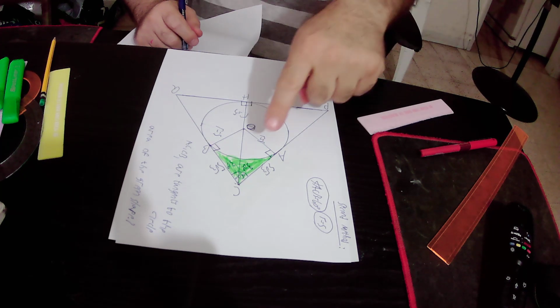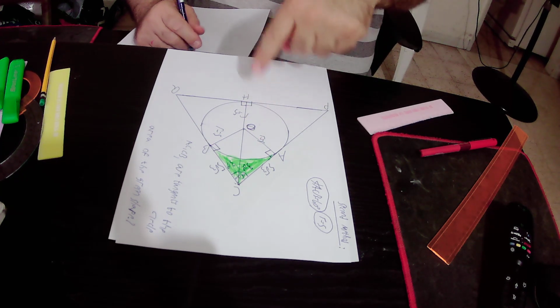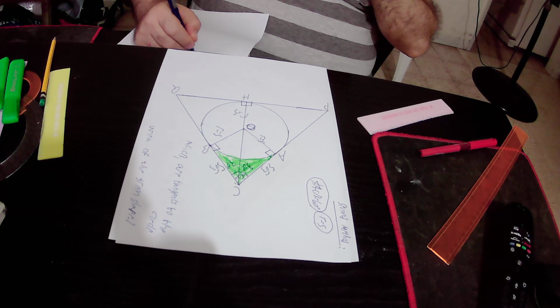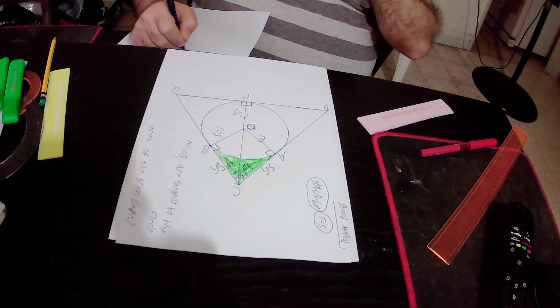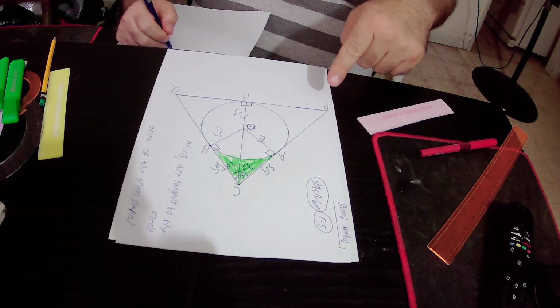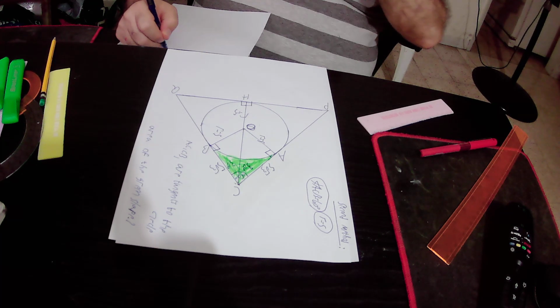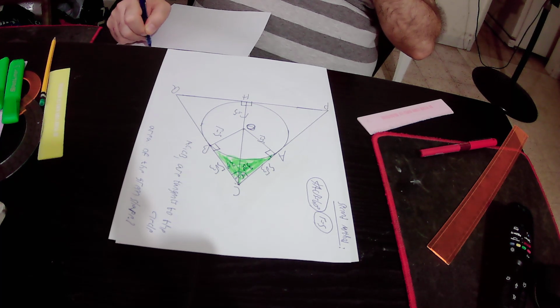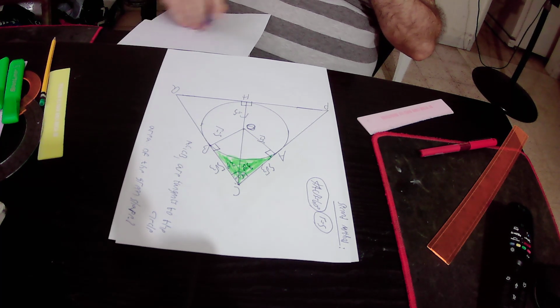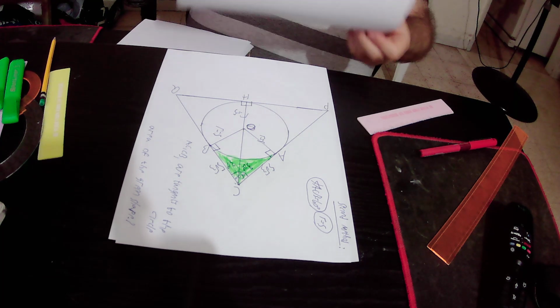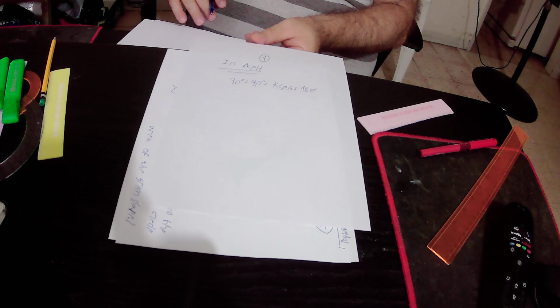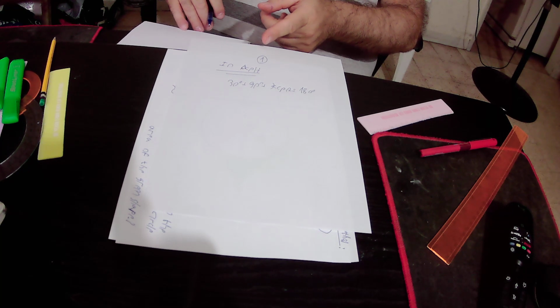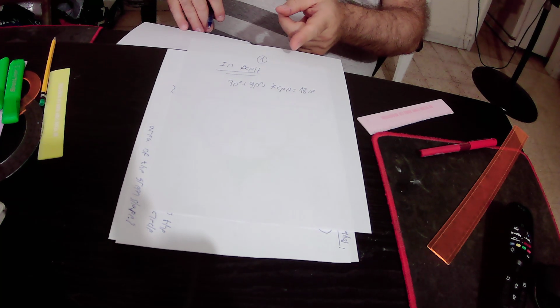That is to say 30 degrees plus 90 degrees plus the size of angle CPQ must be equal to 180 degrees.